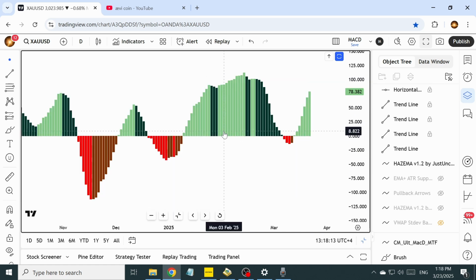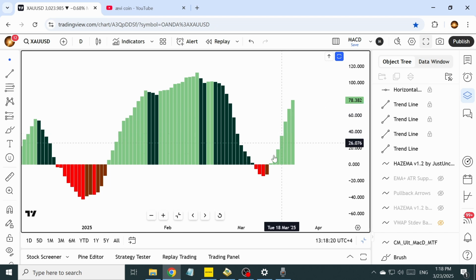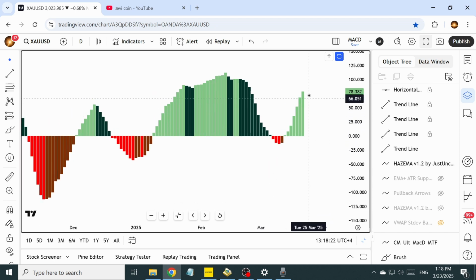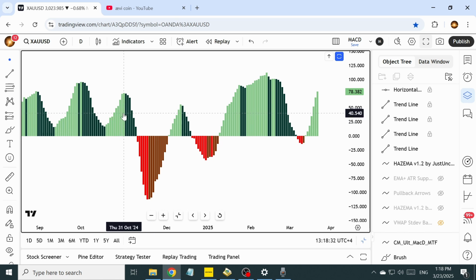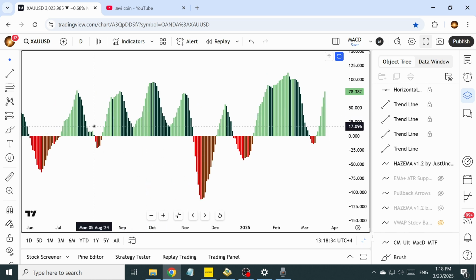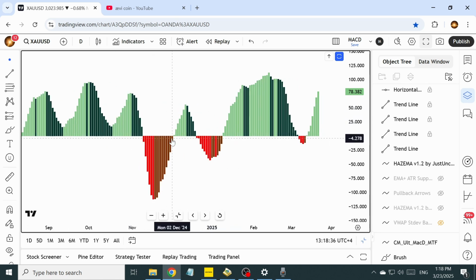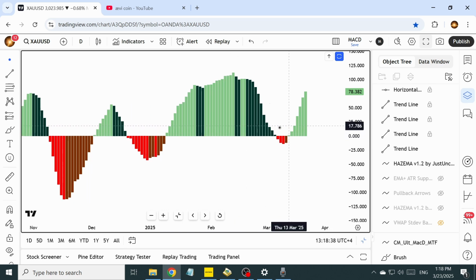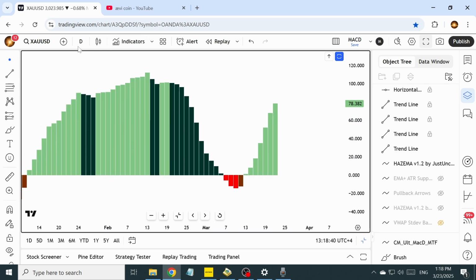channel. The momentum indicator, as I mentioned, is still bullish, and we might see dark bars start appearing in the coming days. But this time, if the price goes down, we might see deeper levels.